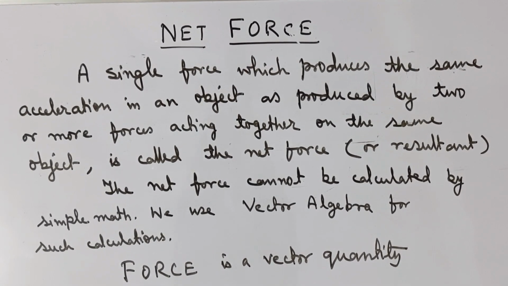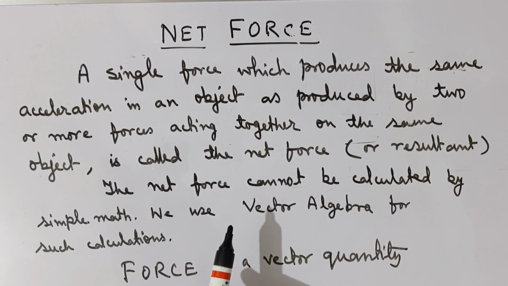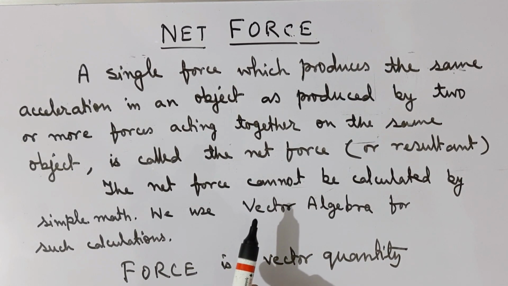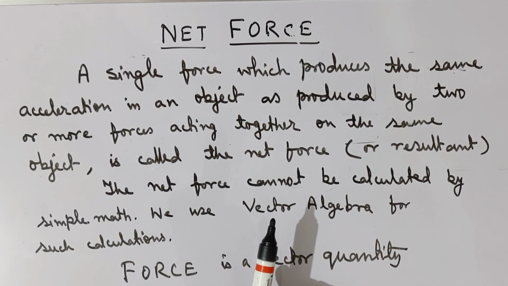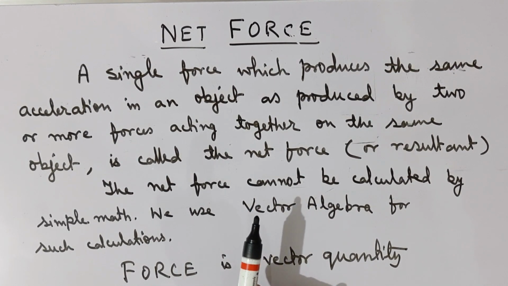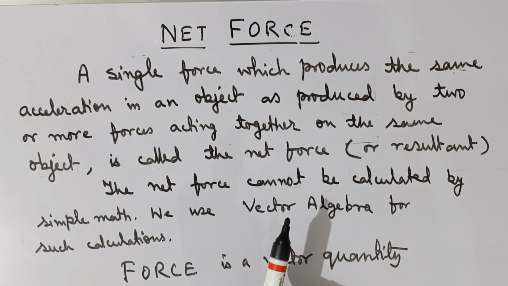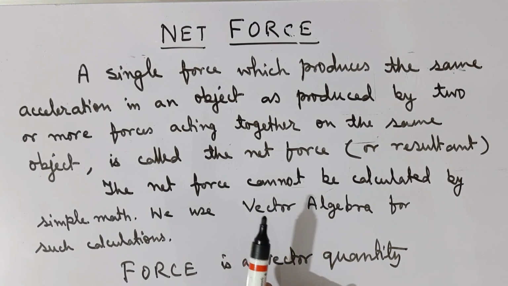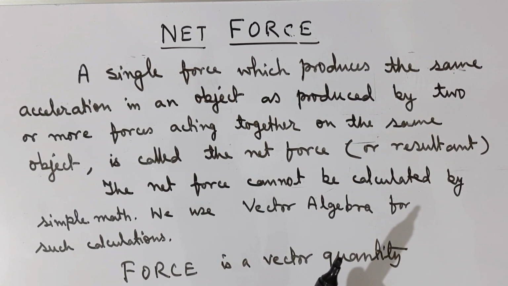So students, in this video, we discussed forces, types of forces, nature of forces, and how we can describe a force completely by its magnitude, direction, and point of application.